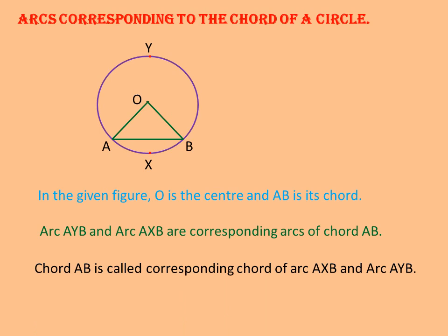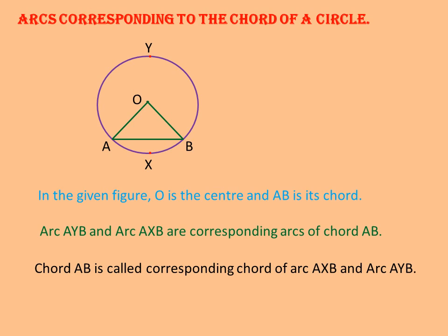In other words, you can also say that chord AB is the corresponding chord of arc AYB and arc AXB. Clear? So these two arcs have their relation with chord AB.